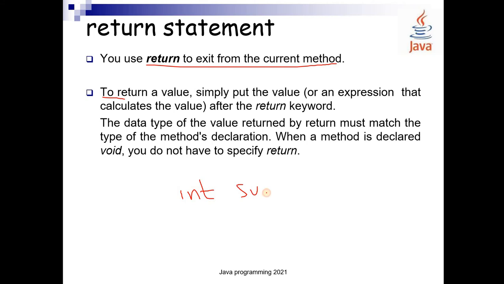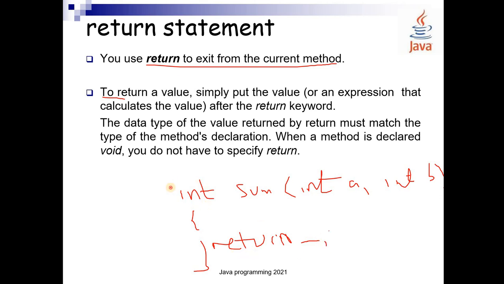But if I have a method like this one, int a, comma int b, this method should have a return keyword, and when the compiler reaches the keyword return, that means it has to exit from the current method.